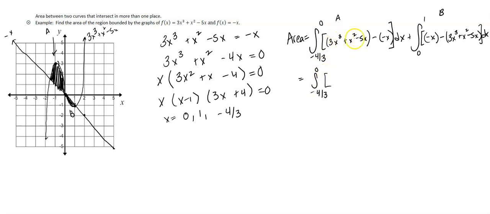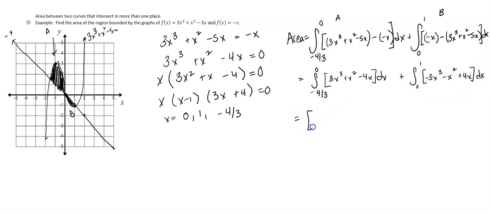For A, I've got a negative 5x minus a negative x, so that gives me 3x cubed plus x squared minus 4x with respect to x. And for B, I end up with a minus 3x cubed minus x squared, and then I'm going to have plus 4x. So you notice that they are the opposite of each other with regard to the signs.